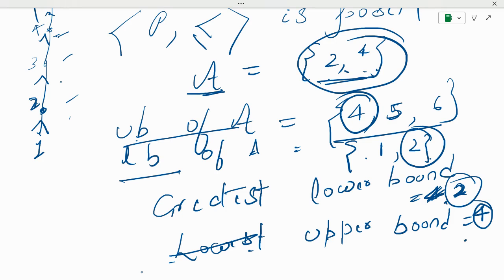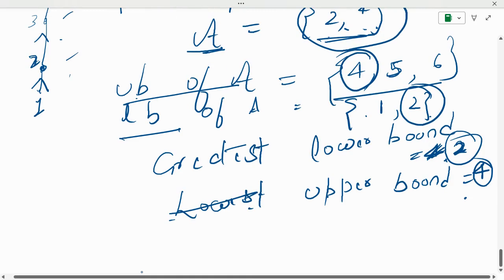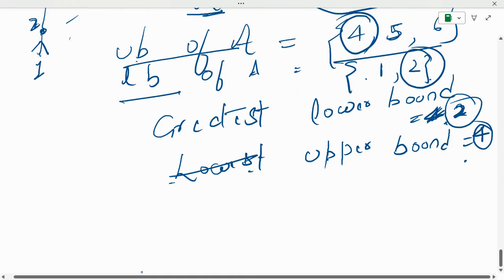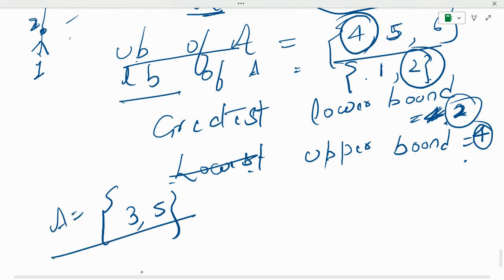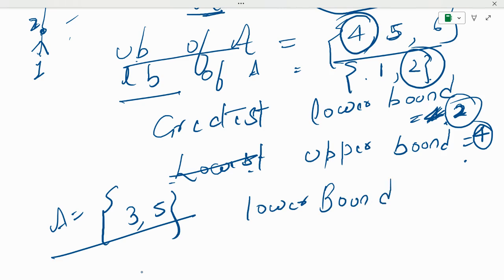If we take another set, like A equal to {3, 5}, and calculate the lower bound for 3 and 5, it is 1, 2, and 3.